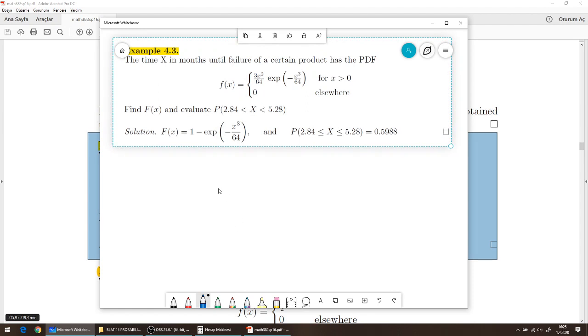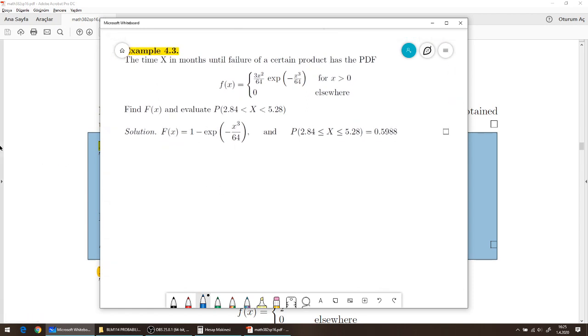To find uppercase F of x, we have to take the integral from minus infinity to x of the exponential function.